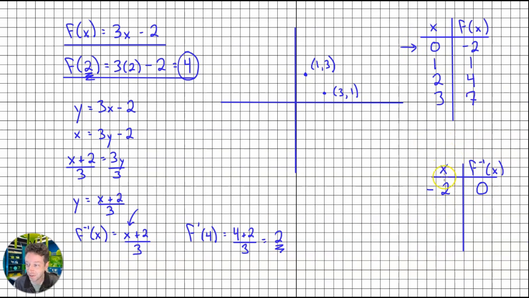Amazing. Let's try it with the 1. If we put 1 in, 1 plus 2 is 3, divided by 3 is 1. We already know that if we were to take 4 and put that in, we get a 2. And if we put in 7, well, 7 plus 2 is 9, divided by 3 is 3. See how amazing these are?